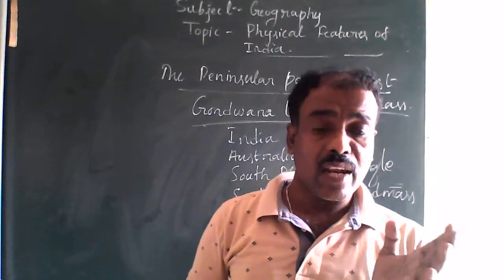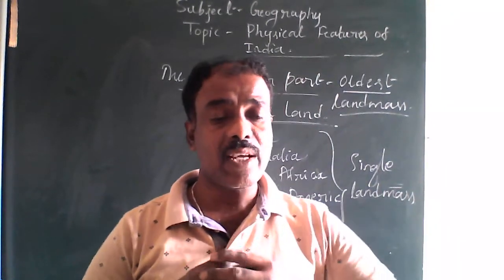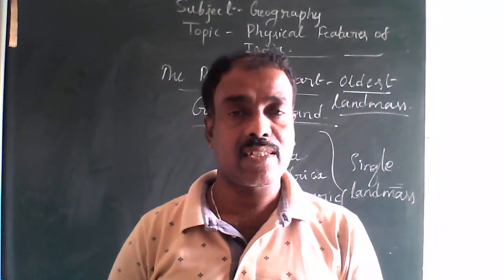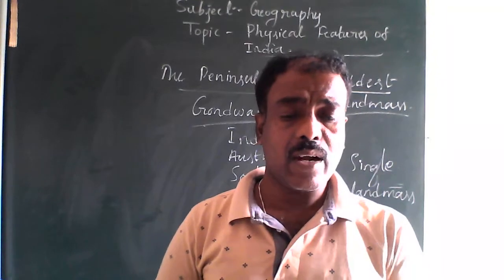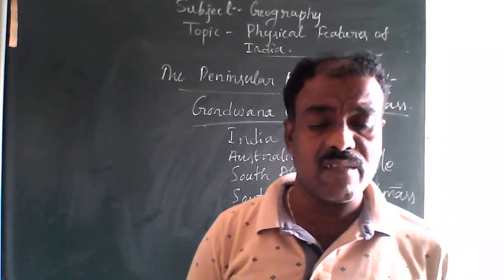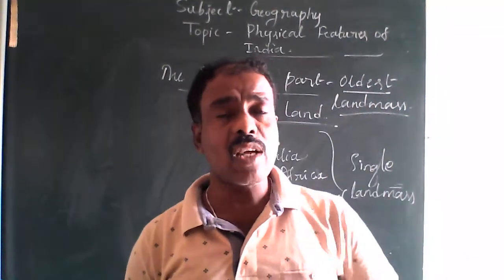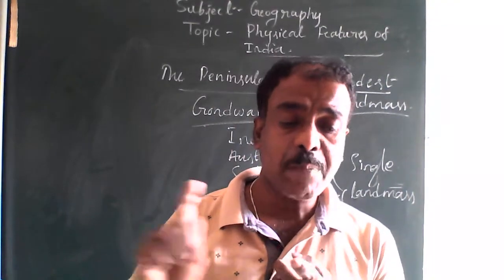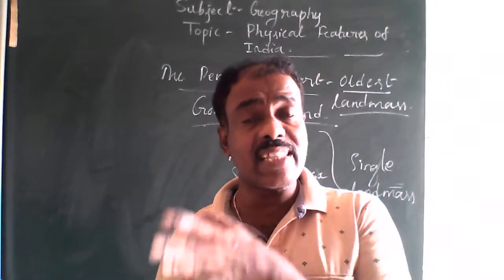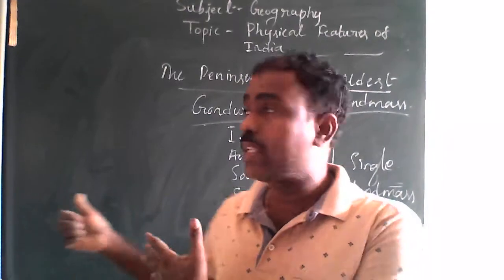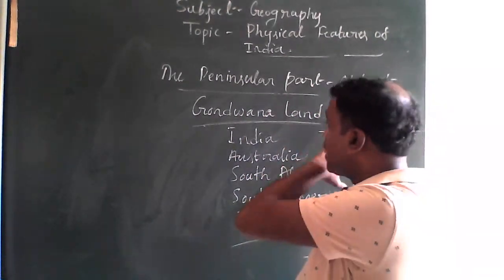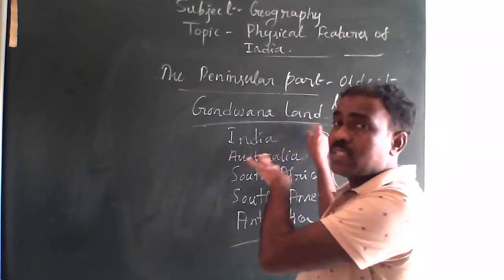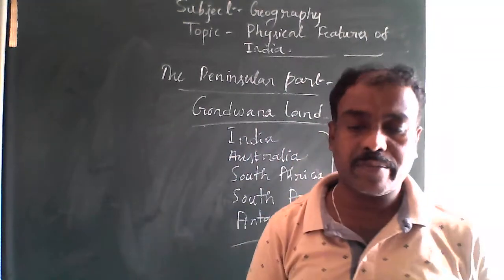See, the land of India displays great physical variations. Geologically, the peninsular plateau constitutes one of the ancient landmarks. Already I told that. It is one of the oldest landmarks, which was part of the Gondwana land.